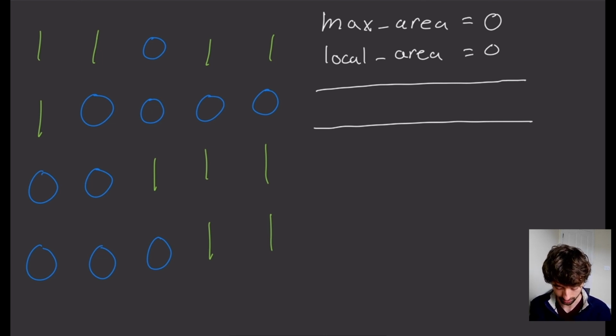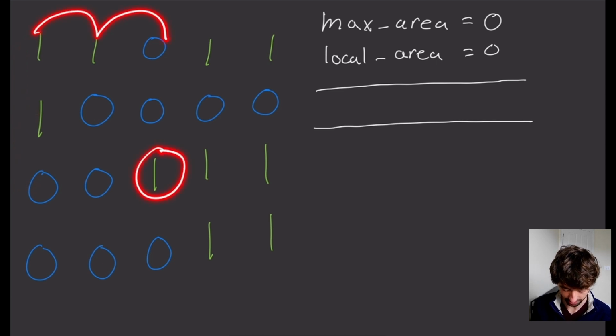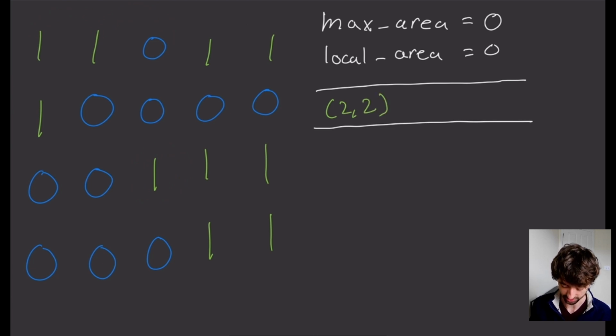So that 1 would actually be at row 0, 1, 2 in column 0, 1, 2. So this value here is actually at location 2, 2 in the grid. And I'm just going to do that so that I can keep track of multiple 1s or multiple 0s being in the queue at the same time.